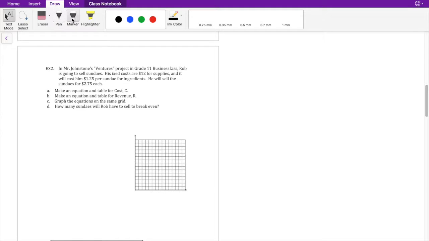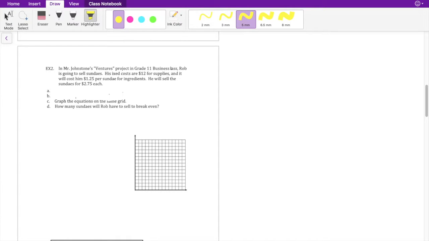For this one here, I'm actually going to take away this one and this one. Instead, I want you to take a look at these two here, and we're going to write equations using the information given.